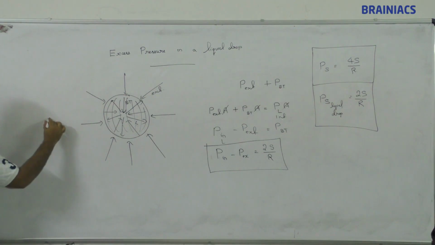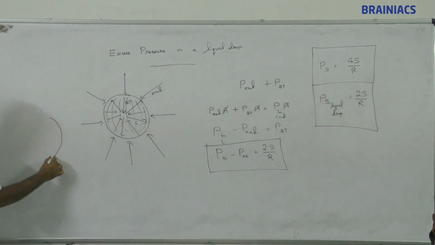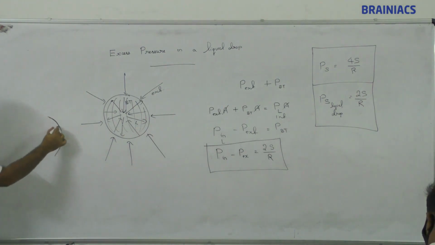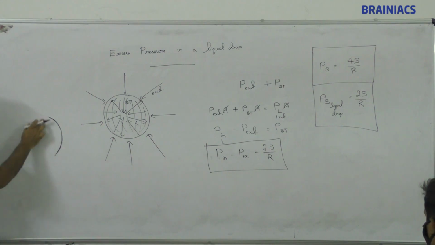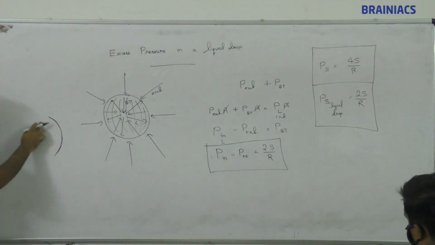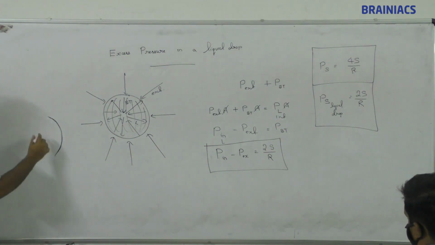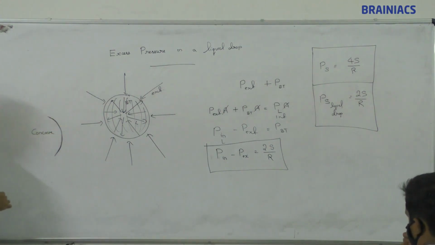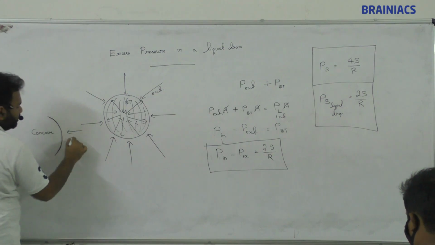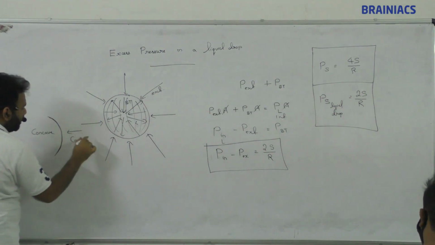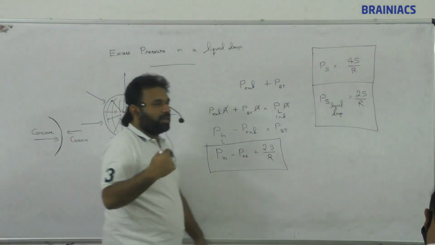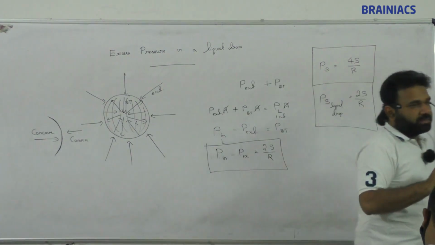So suppose we consider a situation like this, okay, what is this? This surface is what, concave or convex? This side is concave, and the other side will be convex.